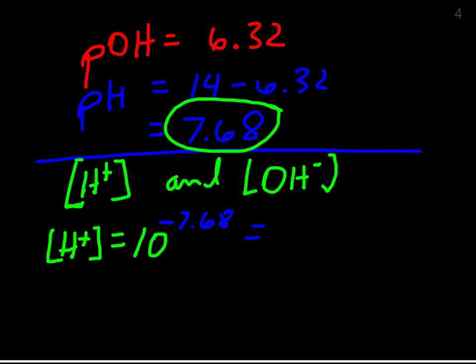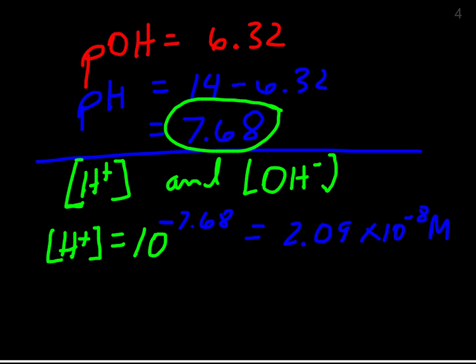So on your calculator, that's the steps you're going to go through. You're going to say, okay, second, it's the second function of the log on your calculator, 10 raised to the, and get the negative in there, 7.68, enter, and this turns out to be 2.09 times 10 to the minus 8th molar.